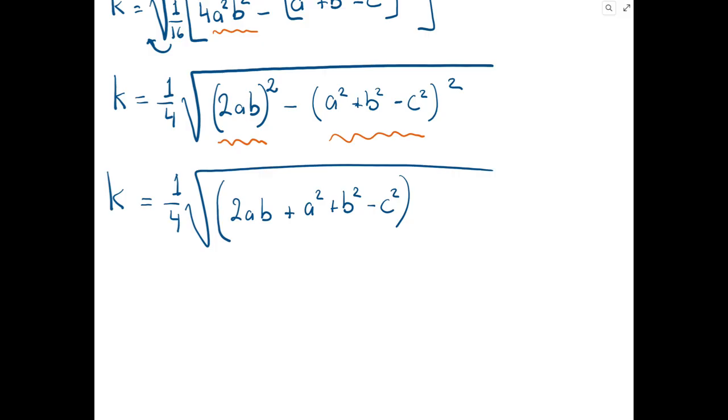And then I need the other conjugate, right? So that will be 2ab again. But this time I had a plus here, right? We had the parentheses here, and the plus. So now I'm going to need the minus and the parentheses here, a squared plus b squared minus c squared.